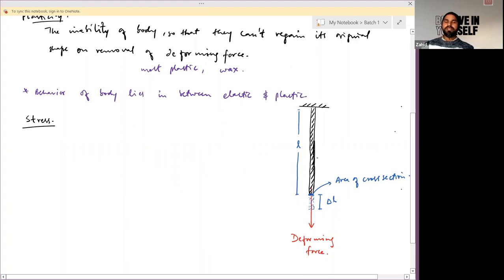So stress is basically the amount of deforming force applied on a body per unit area of cross section.